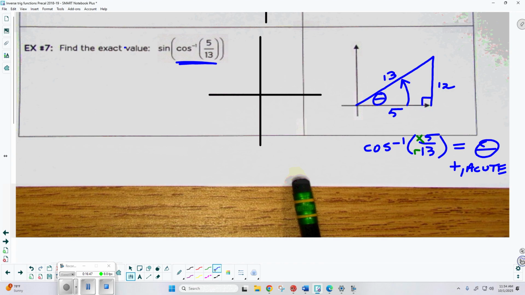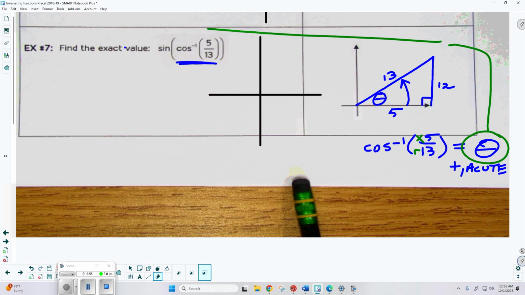Even if this is my situation, I have no clue what theta is. Oh, I could draw today. That would be fantastic. I'm still going to plug it into the next function. These problems can still be solved, even if I don't know what that first answer is.